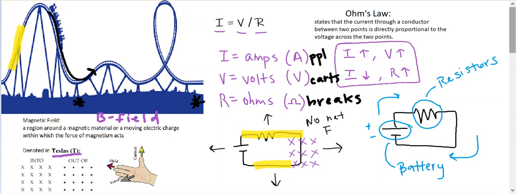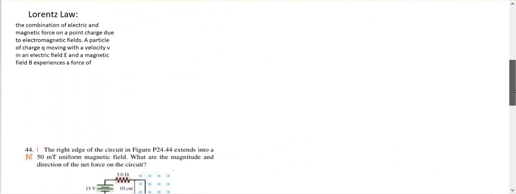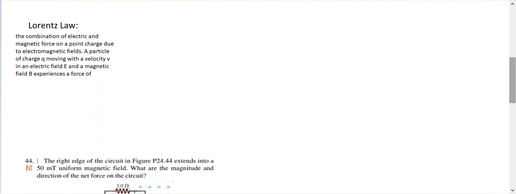Okay? So when we put these two concepts together, we get Lorentz law. Lorentz law is the combination of Ohm's law and magnetic force, the magnetic field, on a point charge, on the current, due to electromagnetic fields.